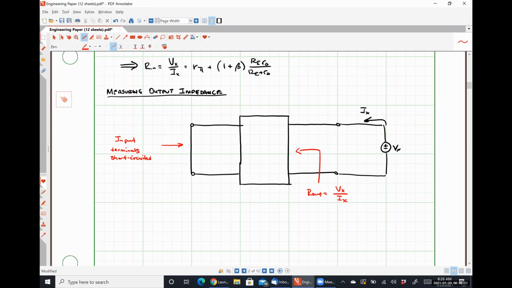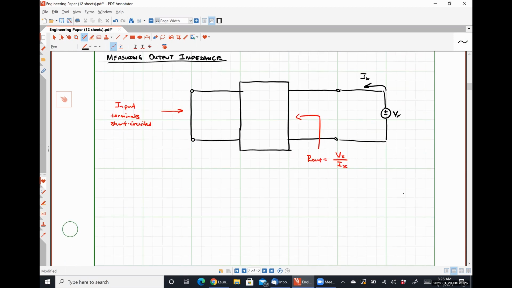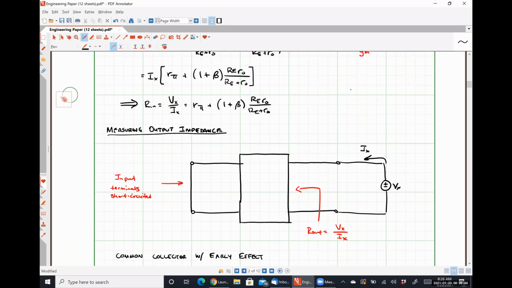So let's do the exact same circuit. Let's find the output resistance of that common collector amplifier, with the early effect present. All right, so start with my small signal model.